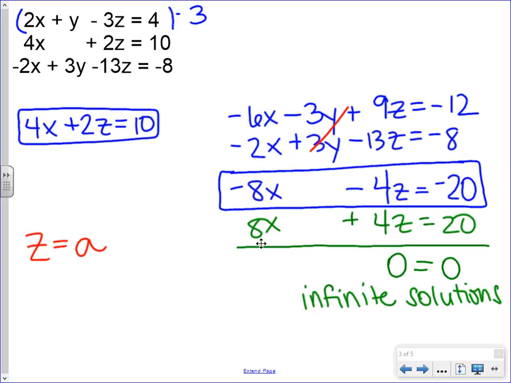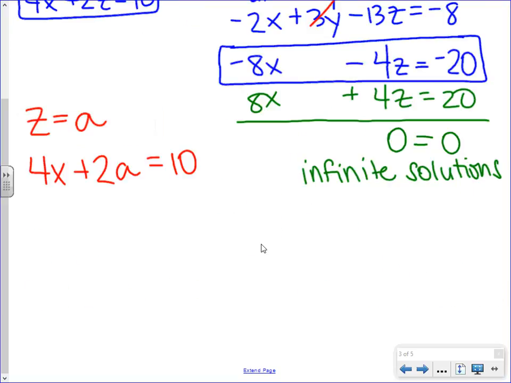Okay. So I know that 4x plus 2z equals 10.